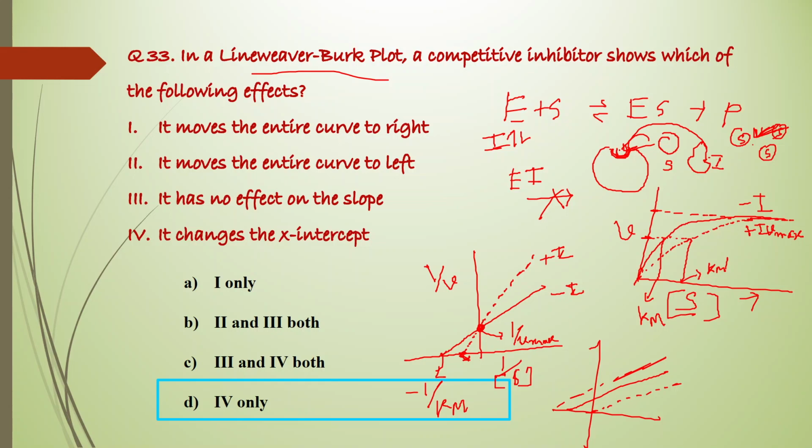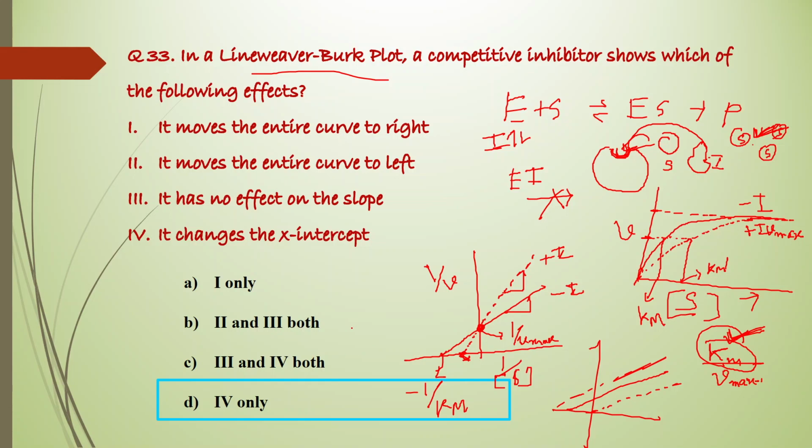It has no effect on the slope. Now look at the slope. Obviously we can see from here that the slope has increased. Why? Because the slope is Km by Vmax. So your Km has been increased after the inhibitor has been added. So obviously the slope will increase.